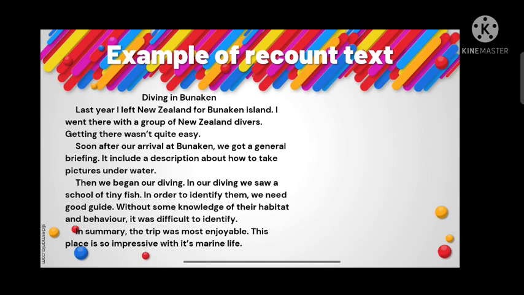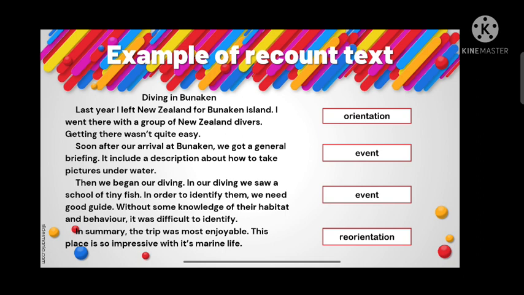And then, let's learn about how to analyze a recount text. As you may see, at the right side of the short story, there are clues about all the story's parts.